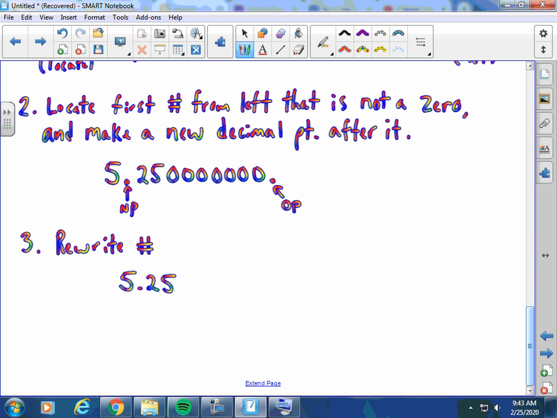Now, all those zeros out there can be important in some situations, but when you're just focusing on how to write scientific notation, they're not important. 5.25 is the same value as 5.25000000. Same value, doesn't matter.